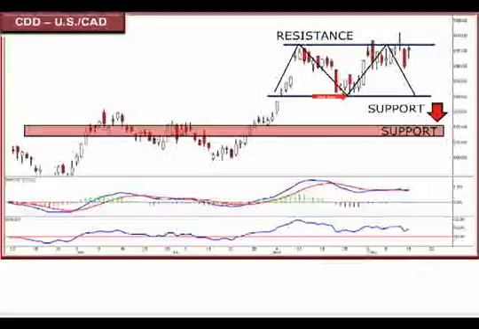I mean, you could look at a smaller time frame, but I think that you still have these key support and resistance levels that you have to keep in mind. And the last thing I think anybody really wants to do, like in this case, you see prices consolidating here, and what that's telling me is that we're trading in a price range that looks indecisive, either to the upside or the downside.